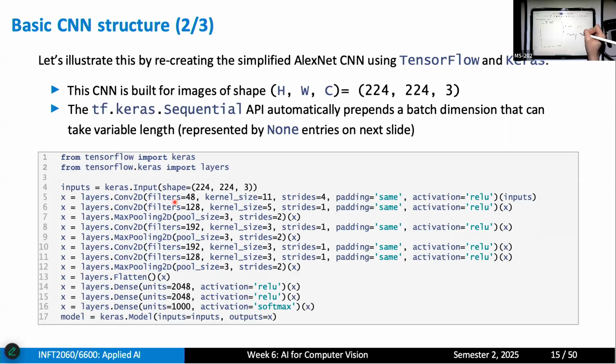We have its filters as 48, so that means the output keeps only 48 filters. Second is kernel size, which is 11, meaning 11 times 11. Stride is 4, padding same.